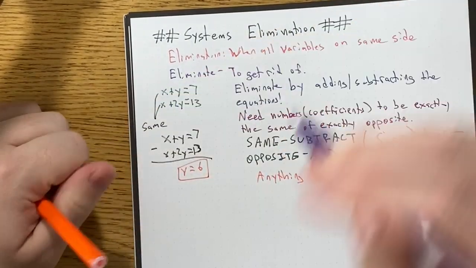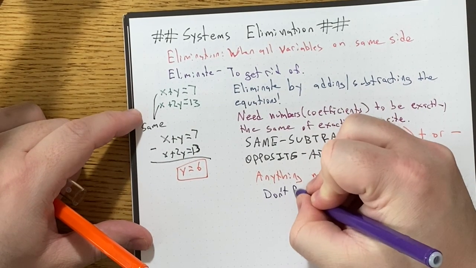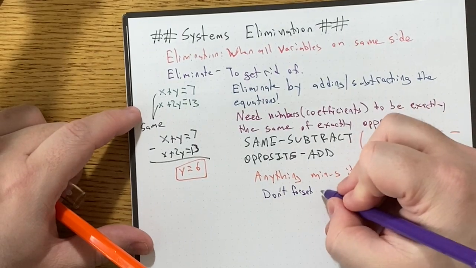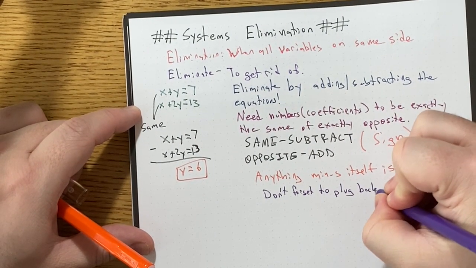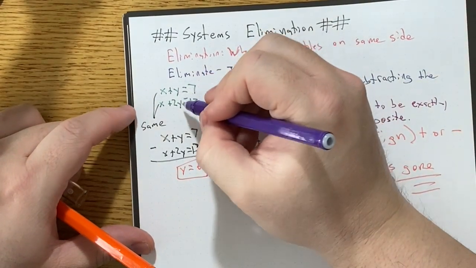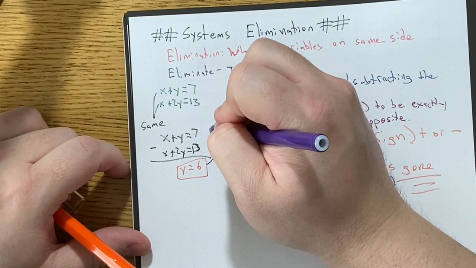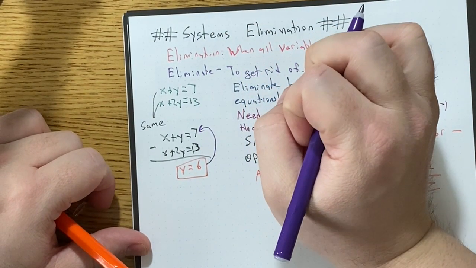Just like before, don't forget to plug back in. Now plugging back in on these ones is usually a little bit more difficult. You can choose any of these to plug it back into. I usually try to plug it into the one that has the smallest looking numbers and there's no negatives because I hate working with negatives.